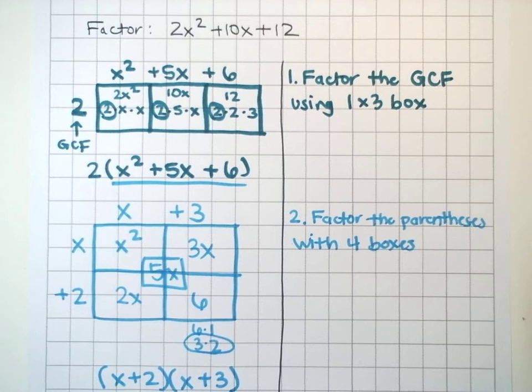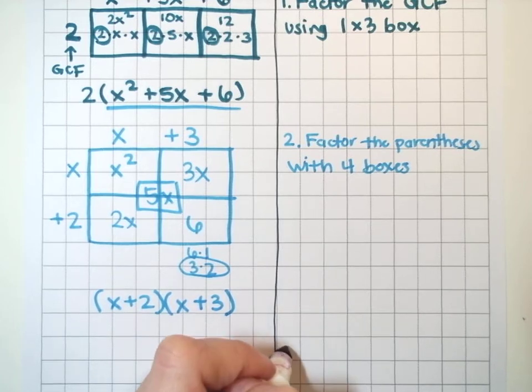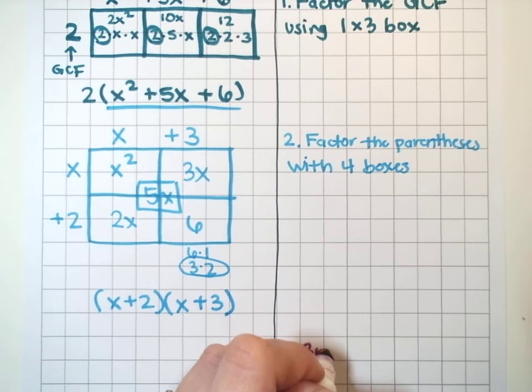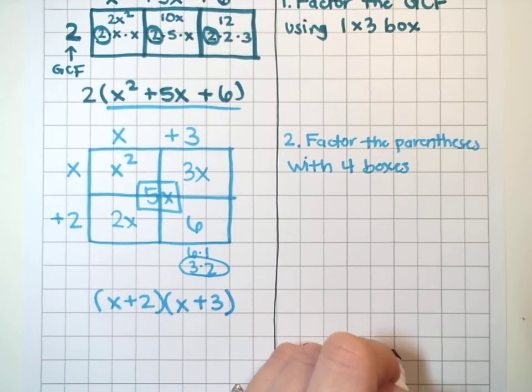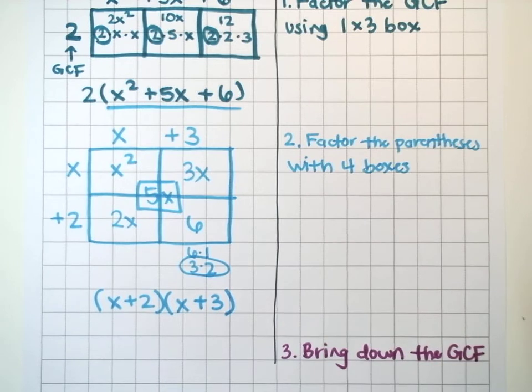So then the last step is we just put those two together. So we're going to bring down the GCF and write the factored expression.